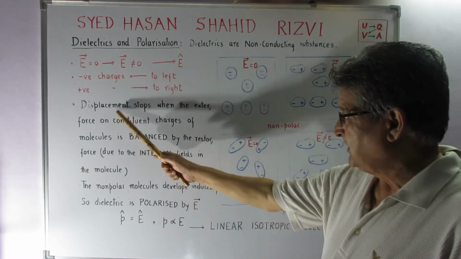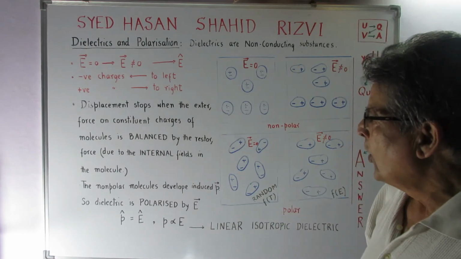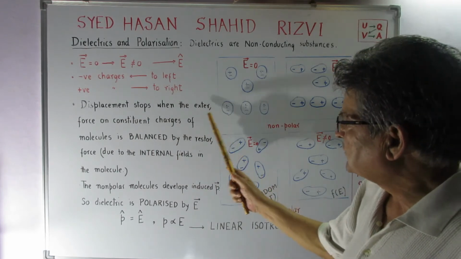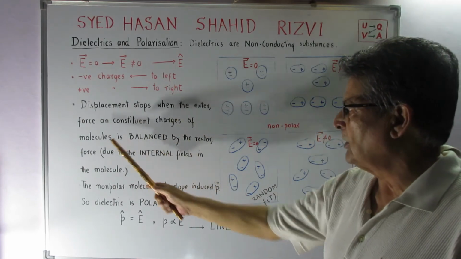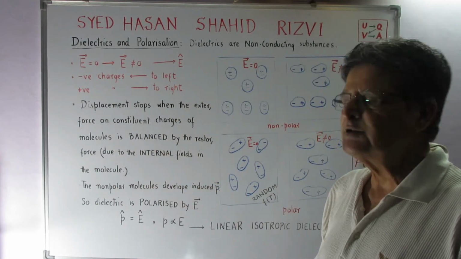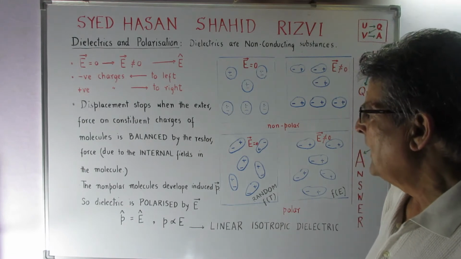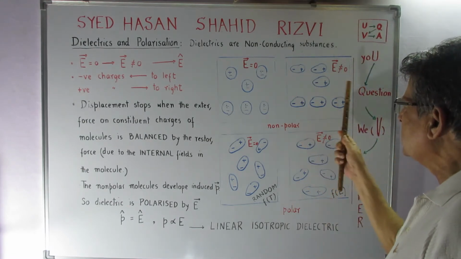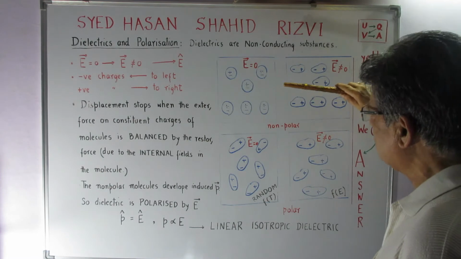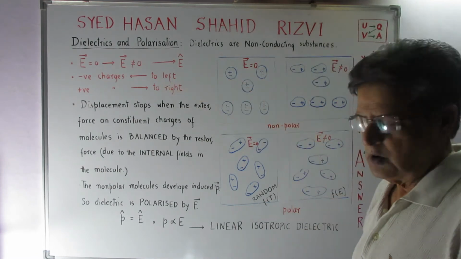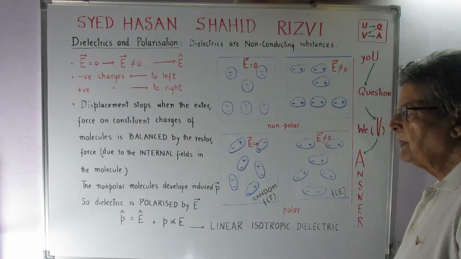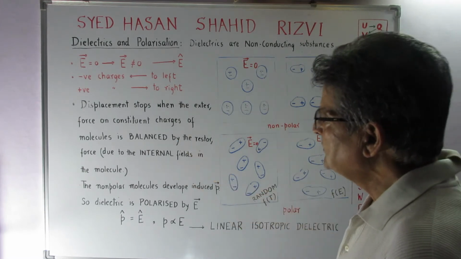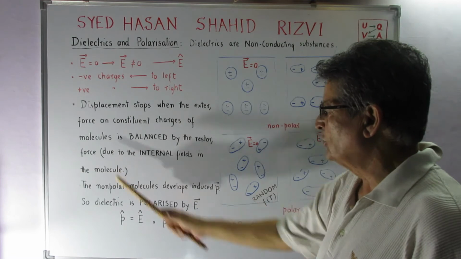This displacement stops when the external force on the constituent charges of the molecules is balanced by the restoring force. One force is like this and the other force is like this. The two forces become equal. So there is balance.